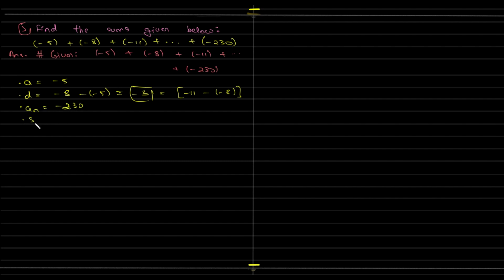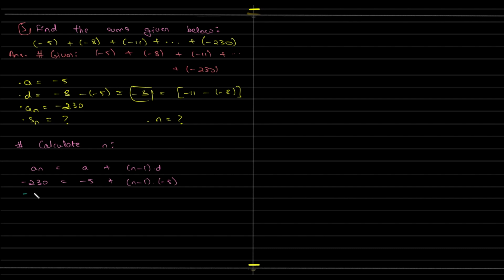So an is equal to minus 230, and we need to find Sn, where n we don't know. The next thing is to calculate n. So an is equal to a plus (n minus 1) into d. We have minus 230 is equal to minus 5 plus (n minus 1) into minus 5.